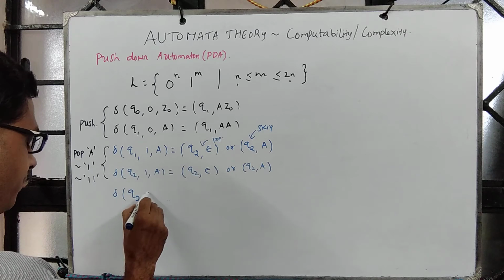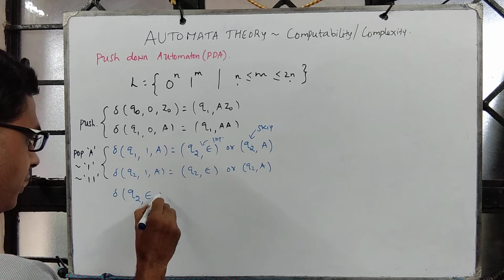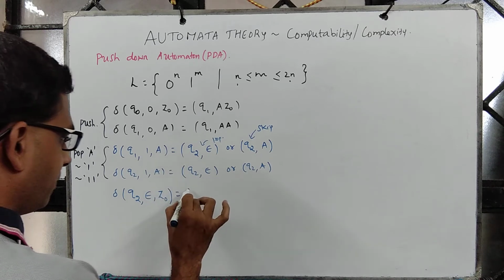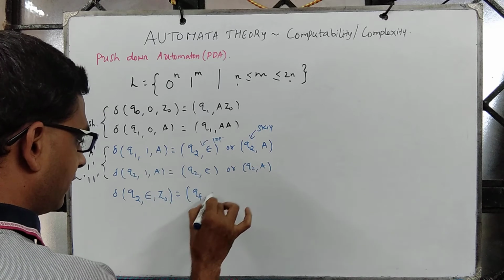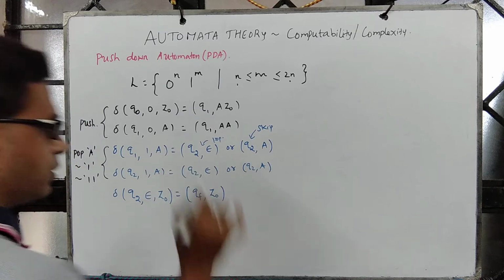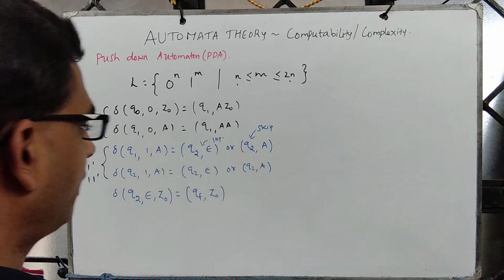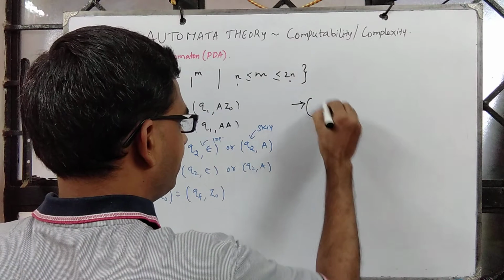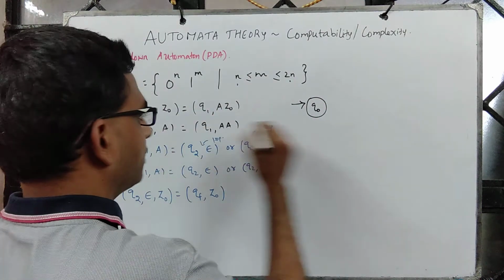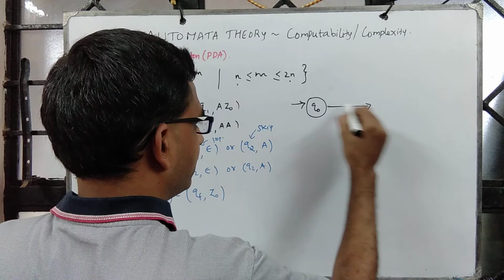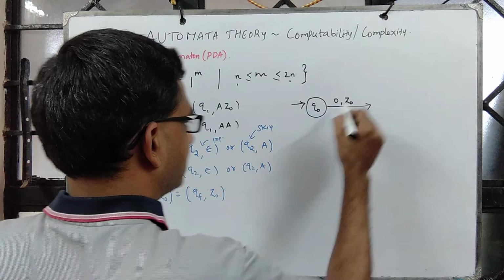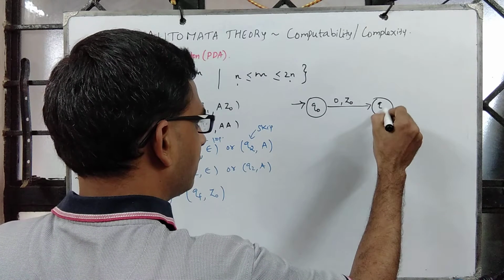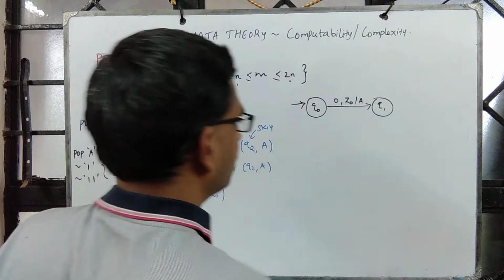So I am in Q2, exhausted the input, and stack contains Z0, which means it's a valid input. We say reach the final state and stop the machine. So if you look at the transition diagram, it says Q0 on reading 0, stack contains Z0, we reach Q1 and push A onto the stack.